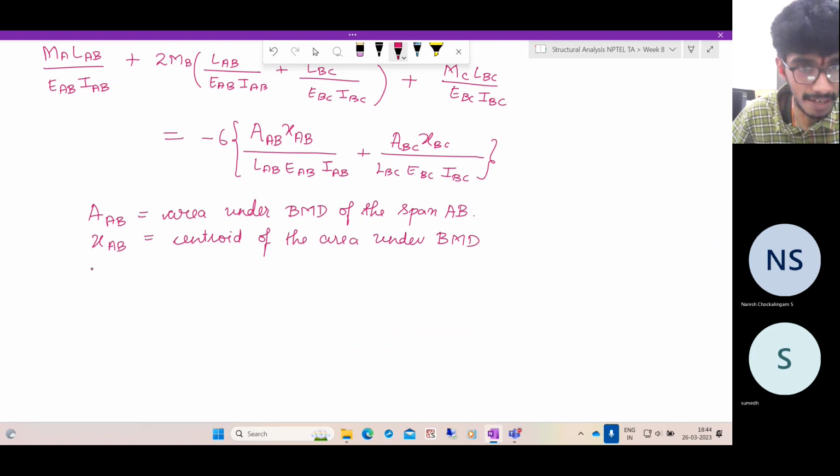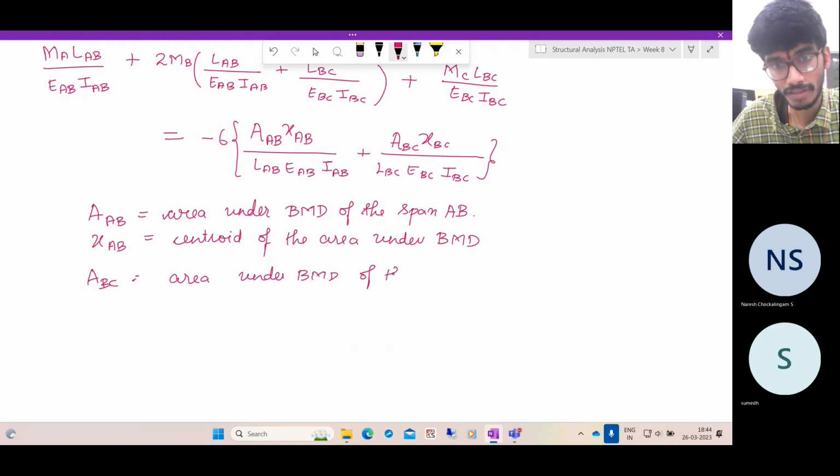Similarly, ABC is the area under the bending moment diagram of the span BC, and XBC is the centroid of this area.